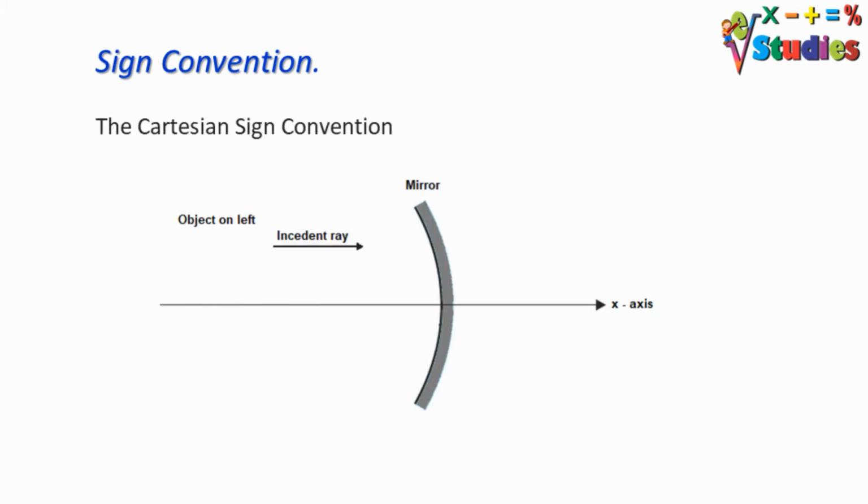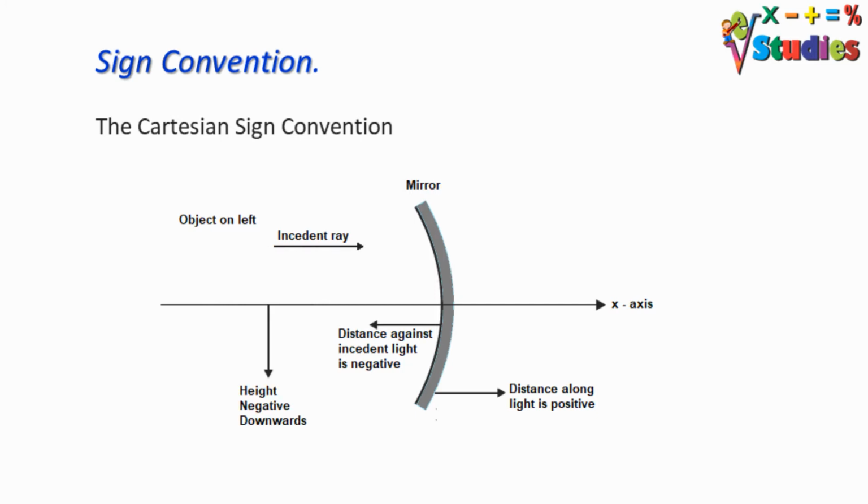According to it, all distances must be measured from the pole of the mirror or the optical center of the lens. Distances measured against the incident light are taken as negative. Distances measured in the direction of the incident ray are taken as positive. The height of the image formed downwards is taken as negative, and the height of the object measured upward is taken as positive.